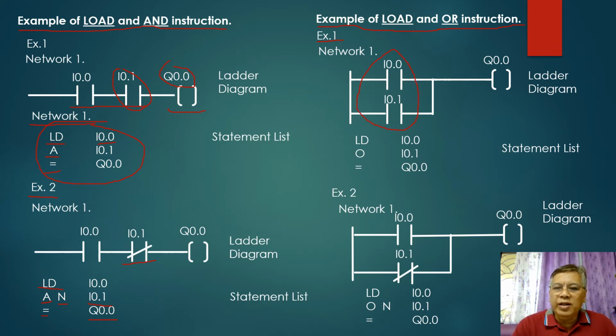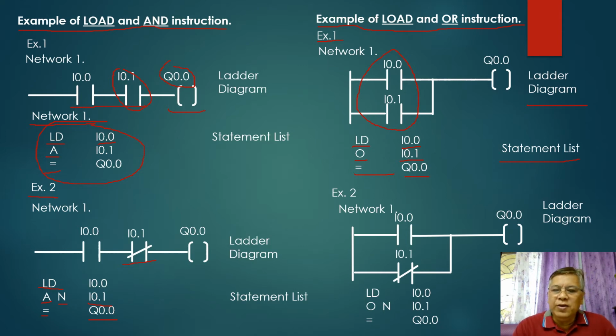To start your program, you make use of the instruction load, LD I0.0, and then since I0.1 is connected in parallel, we make use of the command O, meaning OR, I0.1. Then the final output is equals Q0.0. That will be your statement list equivalent of this particular ladder diagram.